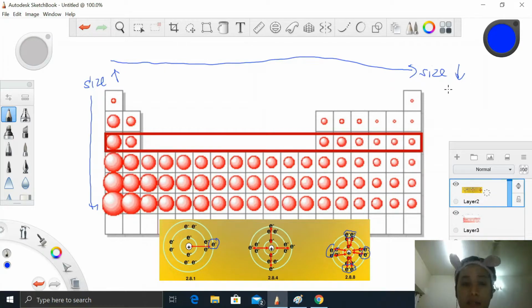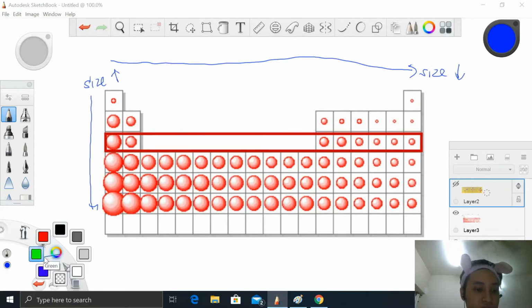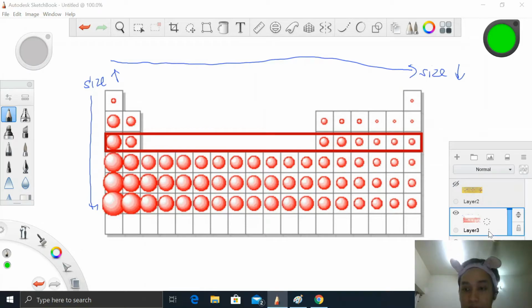Another trend for period is the electronegativity. I'm going to use red right here. Remember, the meaning of electronegativity is the strength to pull or to attract electrons.